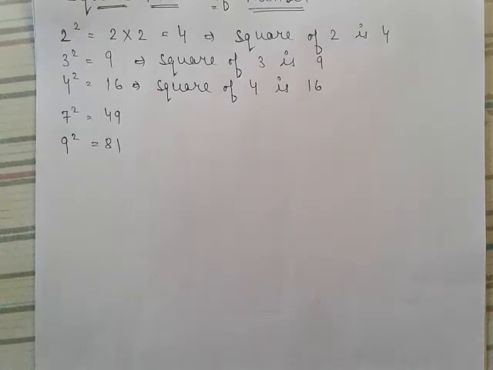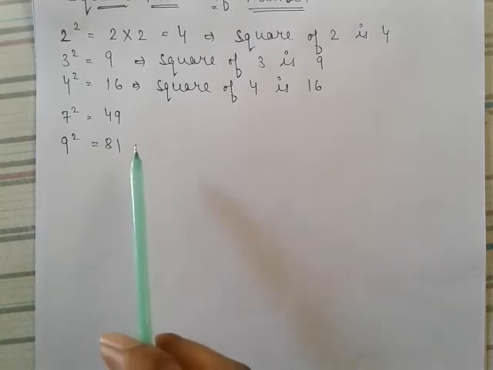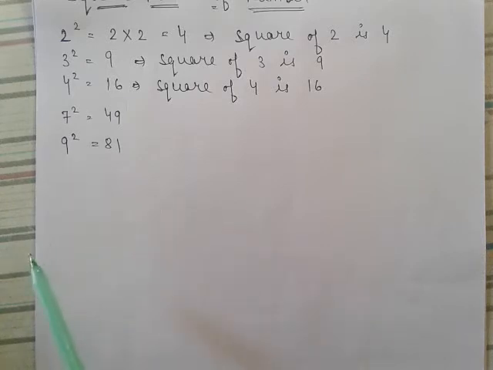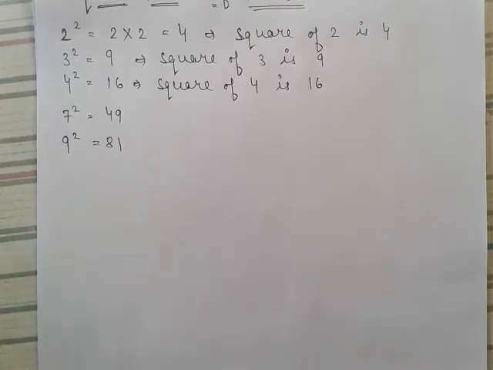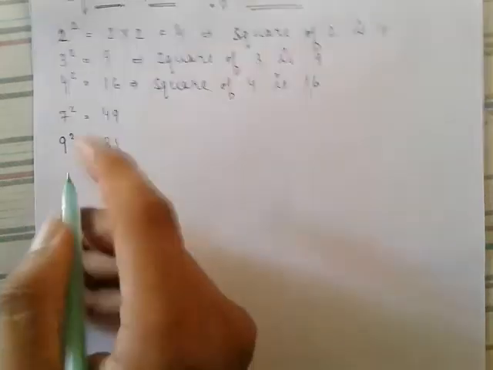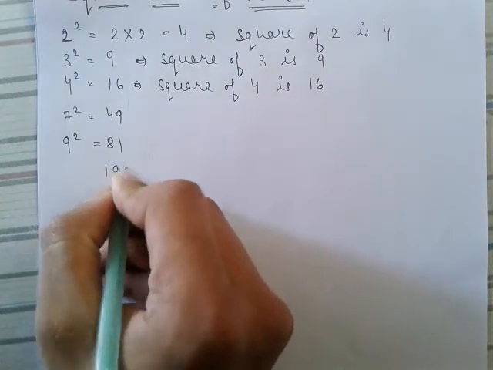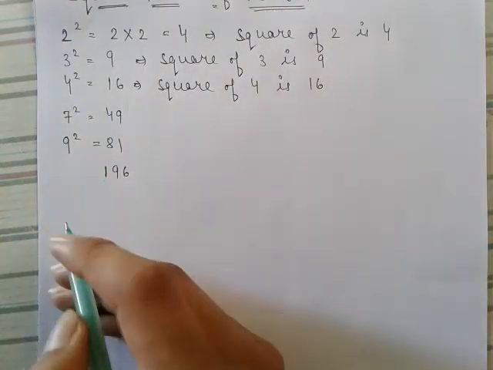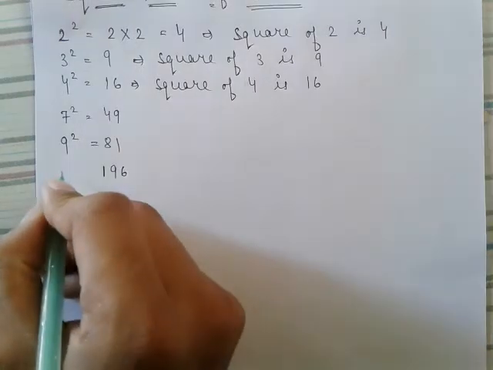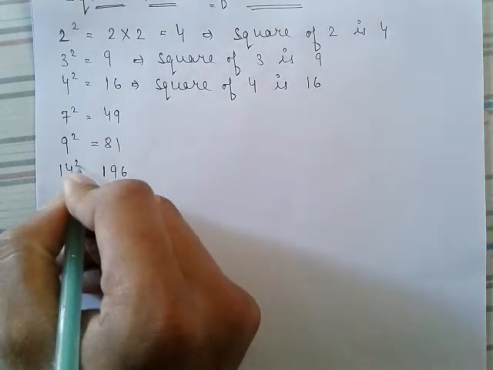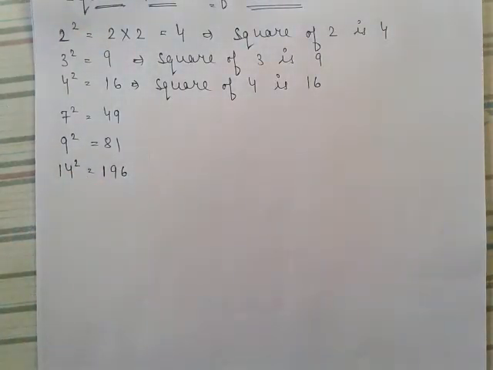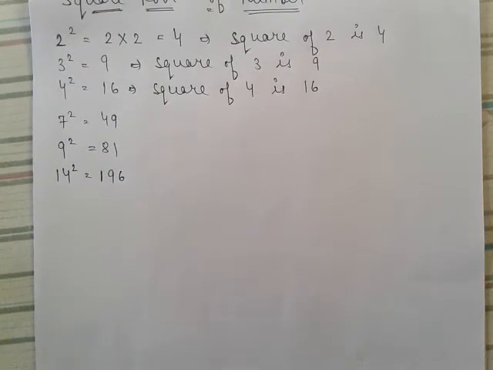But if I ask which number's square is 81, you will say, sir, it will be 9, because 9 square equals 81. Similarly, if I say 196, which number's square is 196, you will say it is 14, because 14 square is equal to 196. But this is about small numbers.